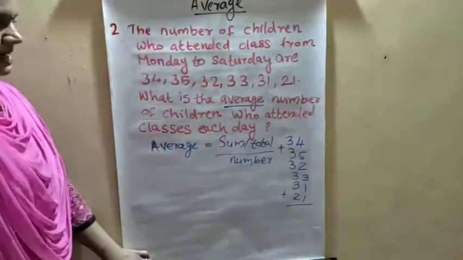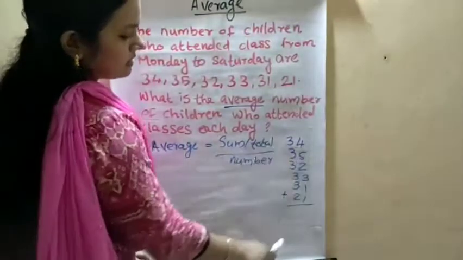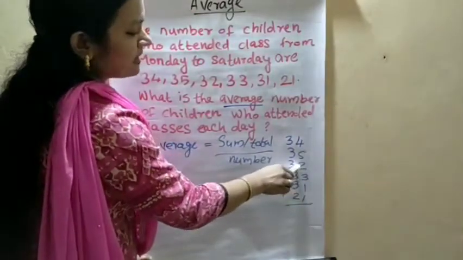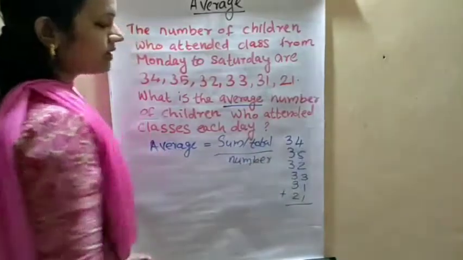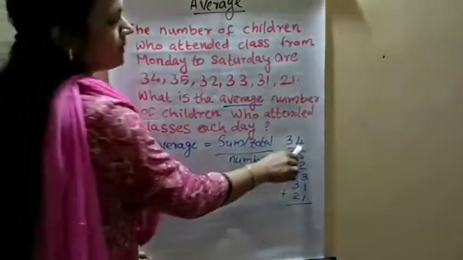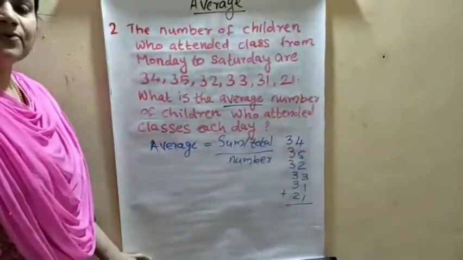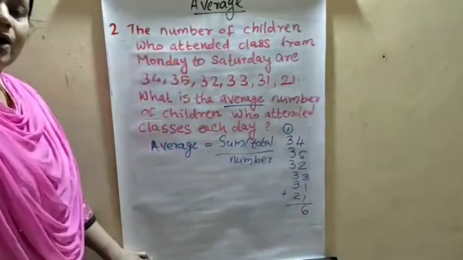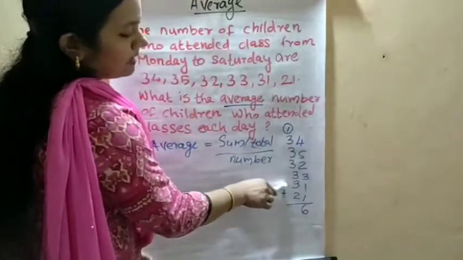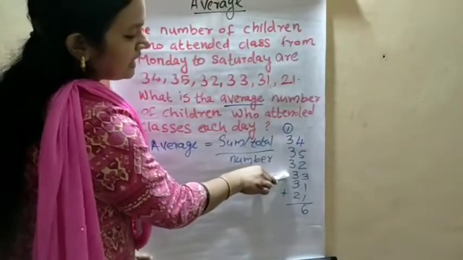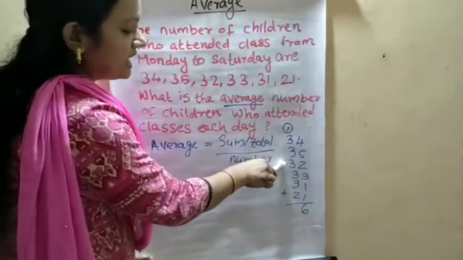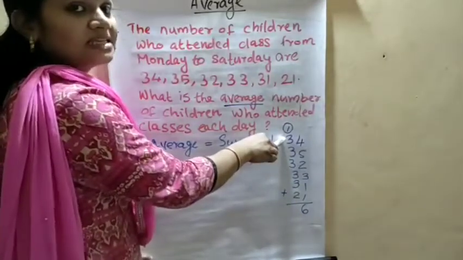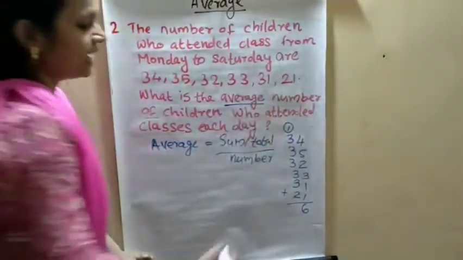Add these 6 numbers. 1 plus 1, 2. 2 plus 3, 5. 5 plus 2, 7. 7 plus 5, 12. 12 plus 4 is 16, write 6 and carry over 1. Then 1 plus 3, 4. 4 plus 3, 7. 7 plus 3, 10. 10 plus 3, 13. 13 plus 3, 16. 16 plus 2 is 18.